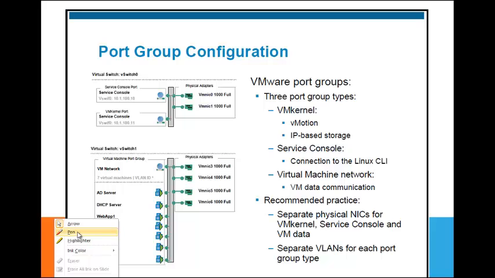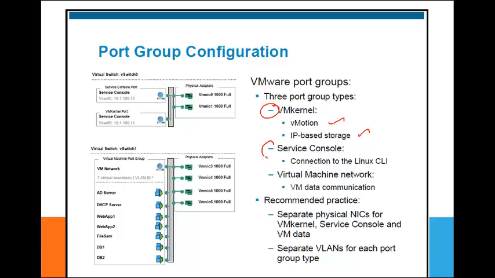Right, VM port groups. There are 3 types of port groups, as we already discussed. One is for the VMkernel, which supports vMotion and IP based storage. Another is for the service, like when we do SSH and so on.